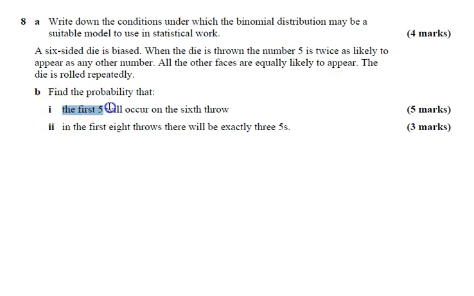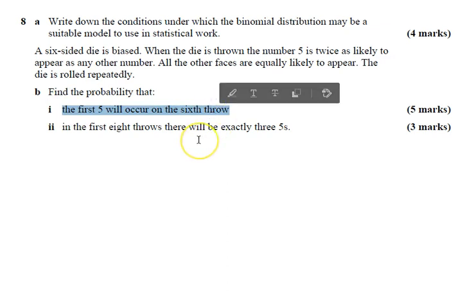So here, we only care about the first 6 throws, because I want to get not a 5 for 5 throws and then get a 5. And whatever I get after that, it doesn't matter. So we can set this to be a question with exactly 6 throws.